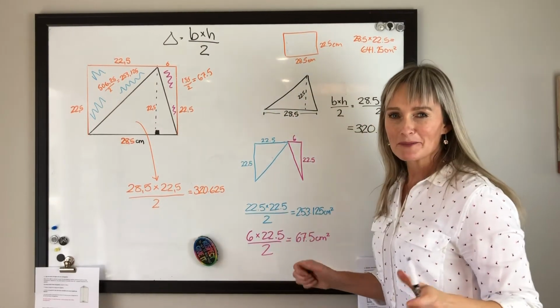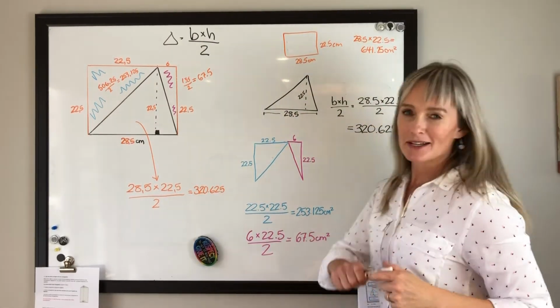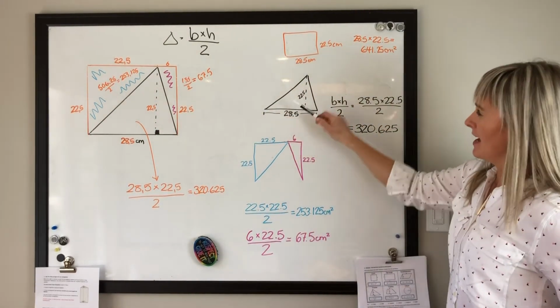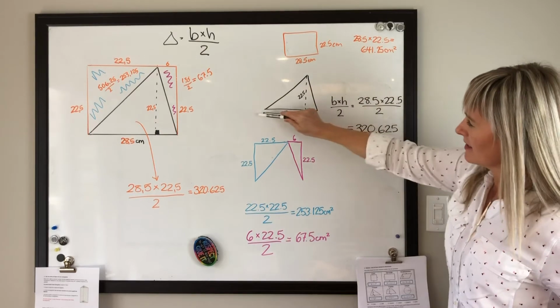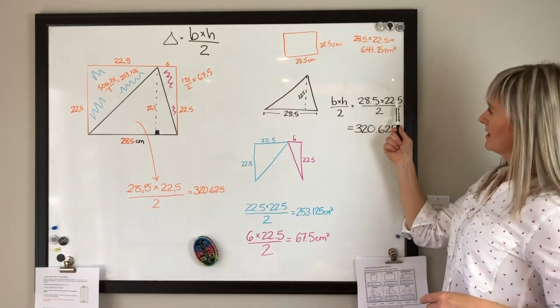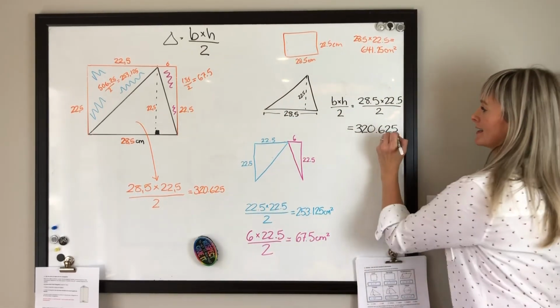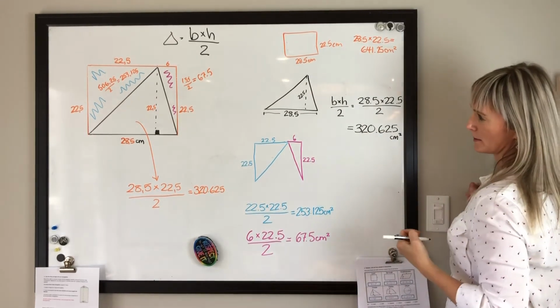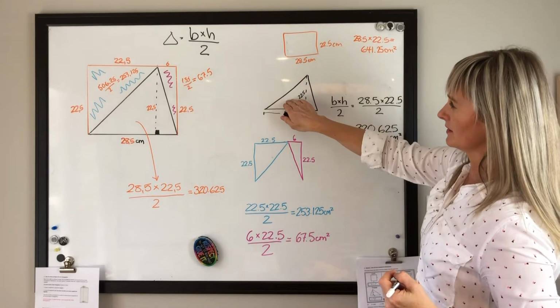So I want to do a mathematical proof with you, just so that we make sure we understand this. So this triangle, which is the black one, I've redrawn the height and the base, I've multiplied them, and then I've divided by 2, and I get 320.625 centimeters squared. That is the area of this triangle.